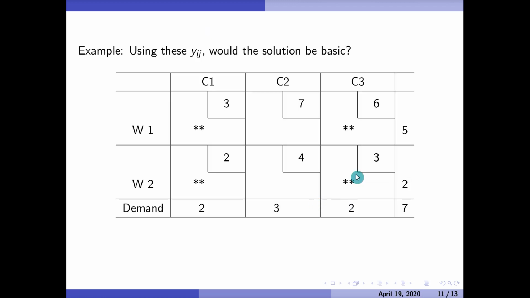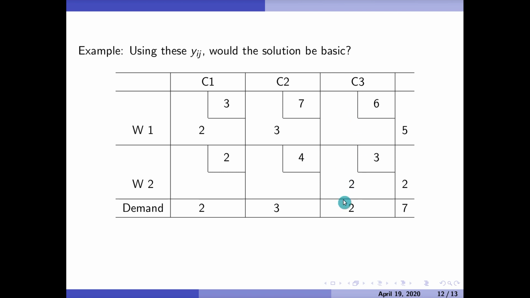Okay, so in this case, for example, I don't want to make these my 4 basic variables, right? Because I have a loop, and those 4 variables would be linearly dependent. Okay, so rather I might use something like this. These variables do not form a loop, but of course I don't have enough variables, right?